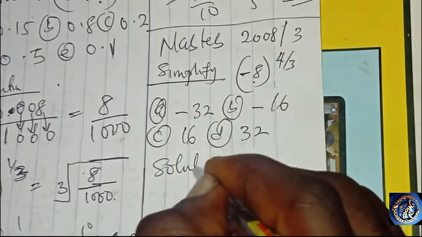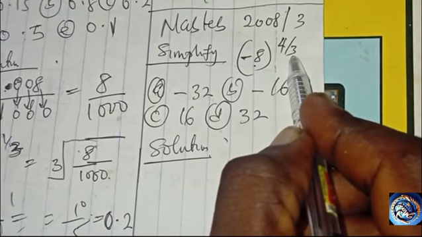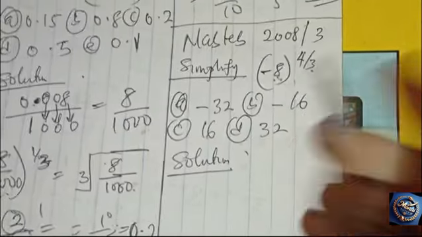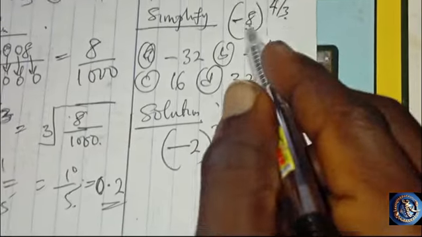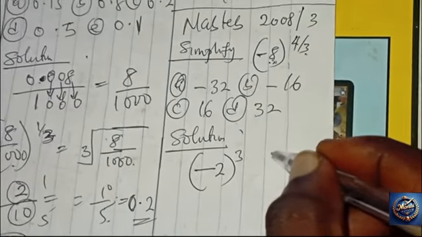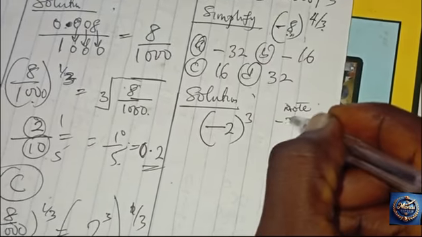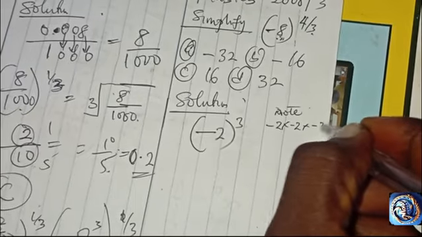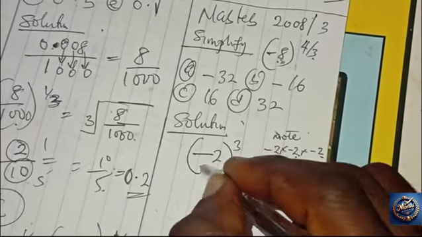Solution. I know this denominator is 3, so I will raise this to the power of 3. So I have minus 2 raised to the power of 3, which will give me minus 8. Because minus 2 times minus 2 times minus 2: minus 2 times minus 2 is plus 4, and plus 4 times minus 2 will give you minus 8.